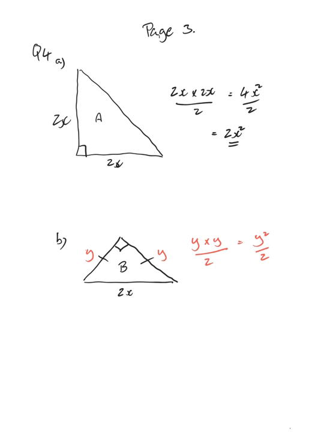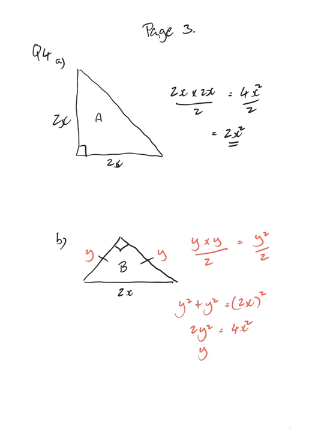Now, what do we know about y squared? Well, using Pythagoras, we know that y squared plus y squared must equal 2x all squared. So 2y squared equals 4x squared.